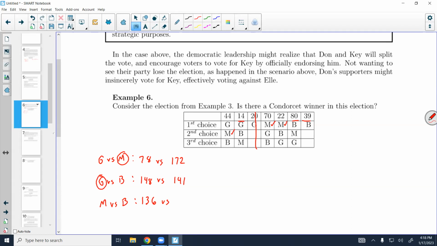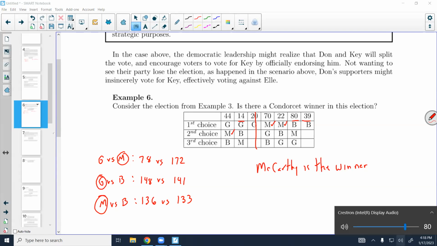That's 133. So M is preferred over B as well. So M is preferred over G, M is preferred over B. So that McCarthy is the winner. Any questions?